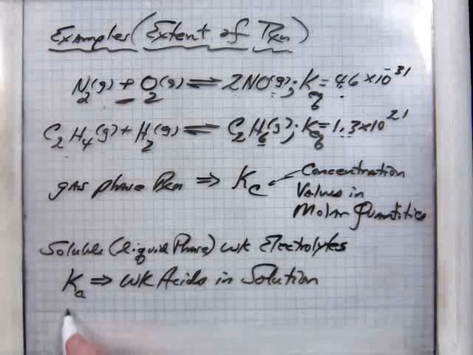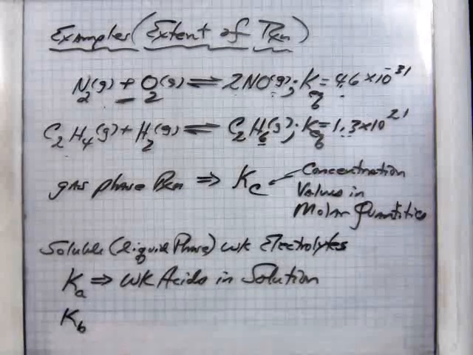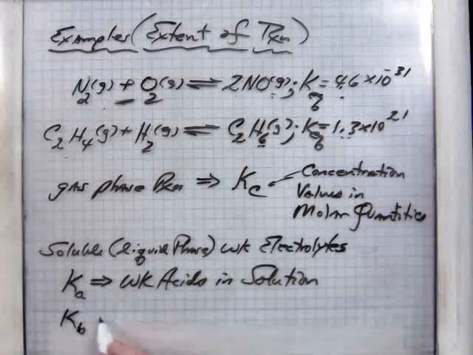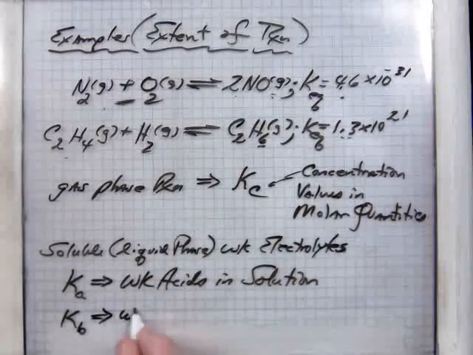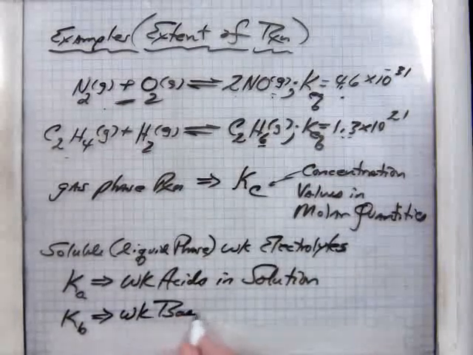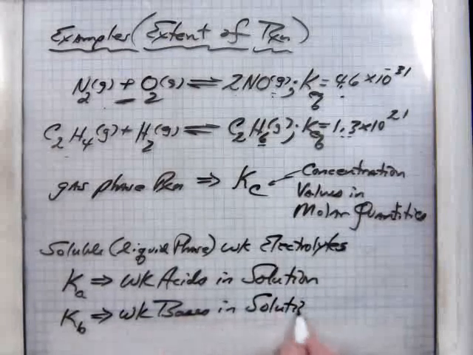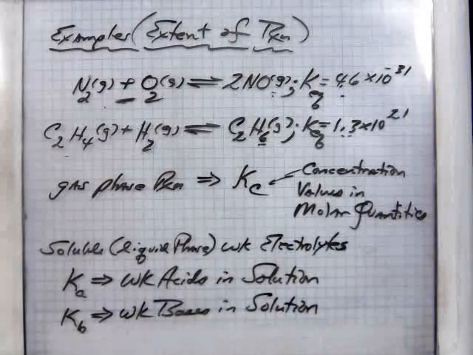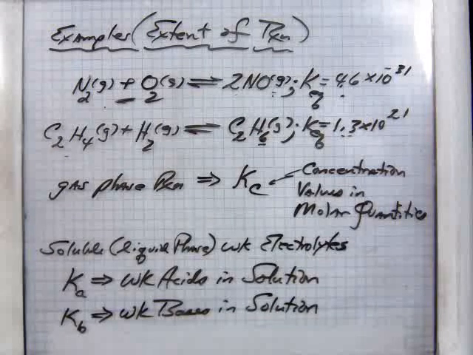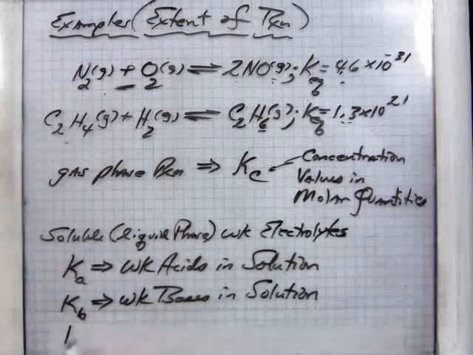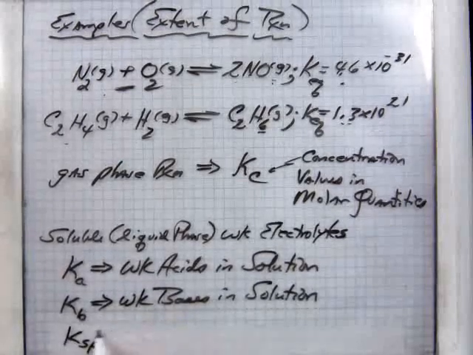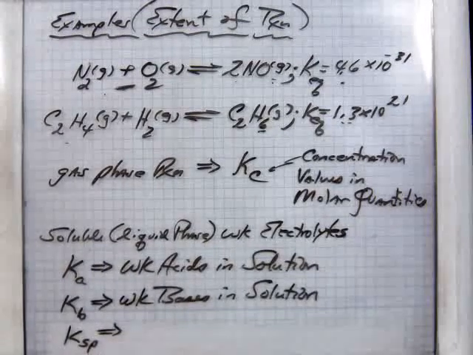If you're working with weak bases, you'll be working with Kbs. If you're working with salt ions in poorly soluble salts, you'll be working with Ksp numbers, called solubility product constants.